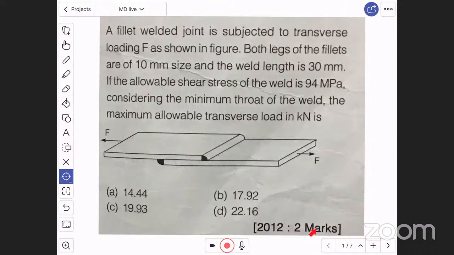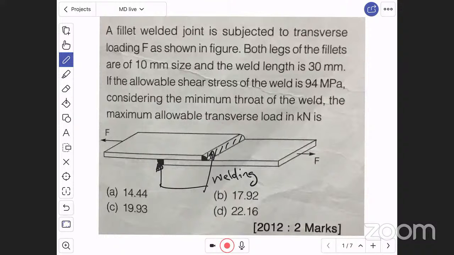A fillet welded joint is subjected to transverse loading F. See here, there is a transverse load F, and here you can see welding at this location as well as at this location. Here you will find welding at 2 locations, right?